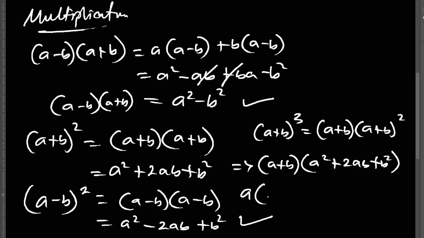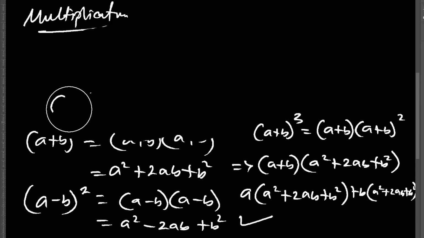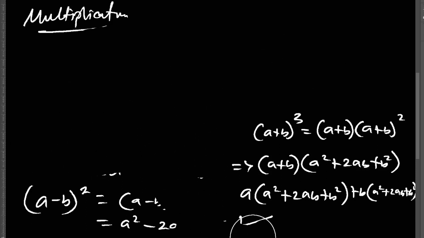So I have a into bracket a square plus 2ab plus b square. Then I have plus b into bracket a square plus 2ab plus b square. So if this is what I have, then I can expand this bracket. So permit me to clean this place off. Then I will have my bracket there. All right.